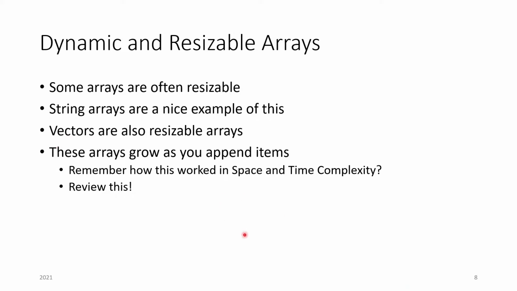And as you append items or delete items, these arrays grow and contract accordingly. We saw an example of this in the space and time complexity lectures that we did last week. So if you need an idea of how this expansion and contraction works, go back to the space and time complexity lecture to see how we went through in detail how this works with regards to space and time complexity.